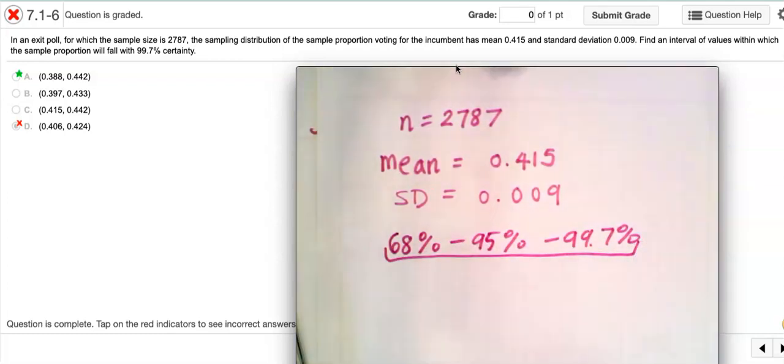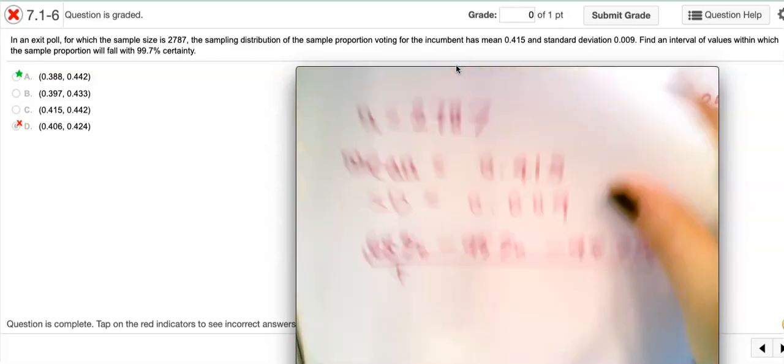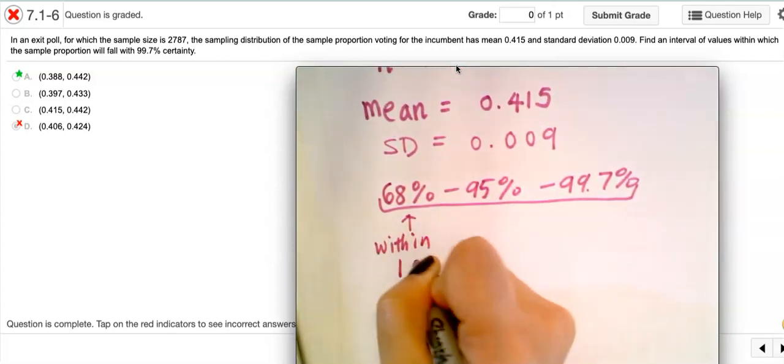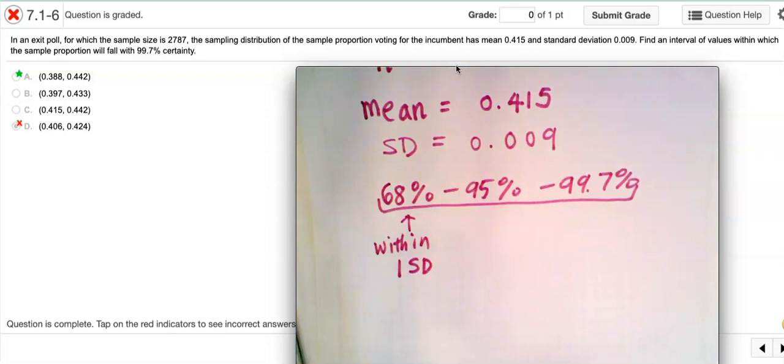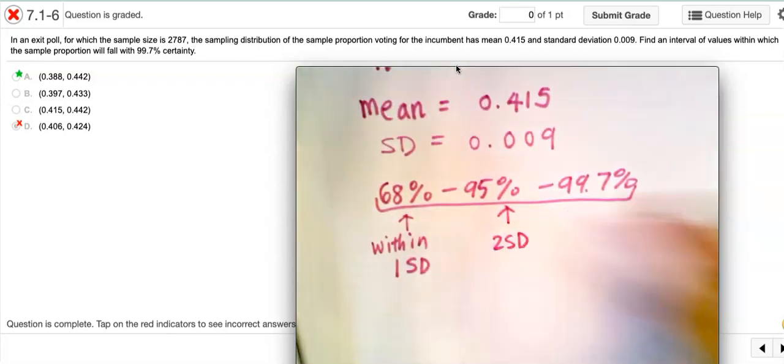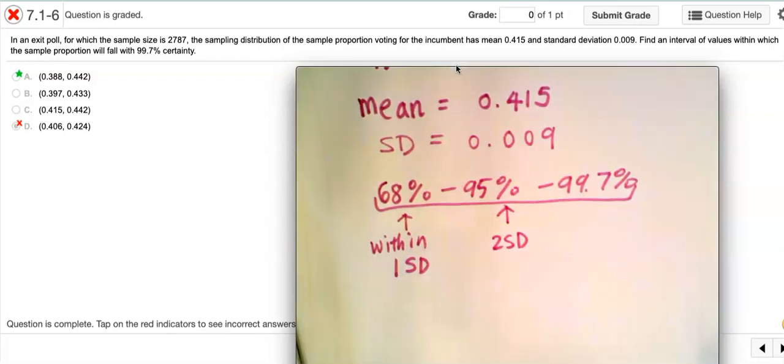This is the empirical rule, guys. In a normal distribution, about 68% of the data are within one standard deviation from the mean, to the right and to the left of the mean. Within two standard deviations we have 95% of the data, and 99.7% of the data will be within 3 standard deviations from the mean.